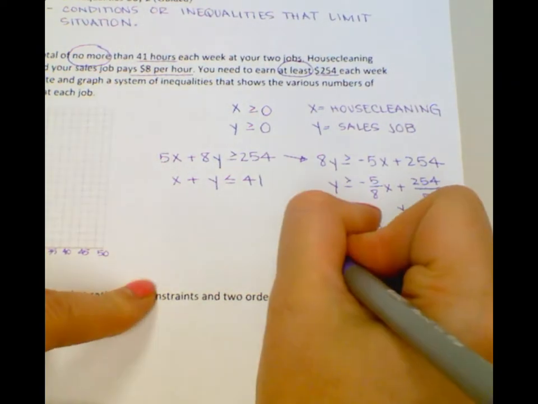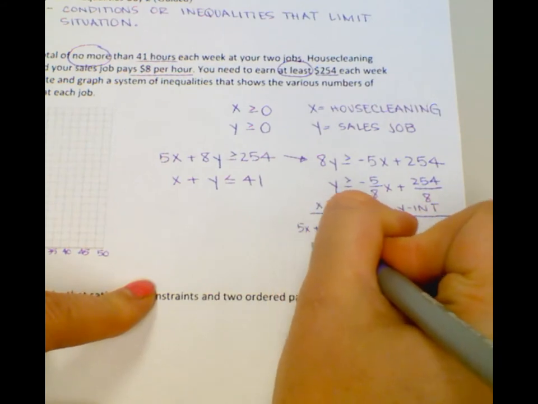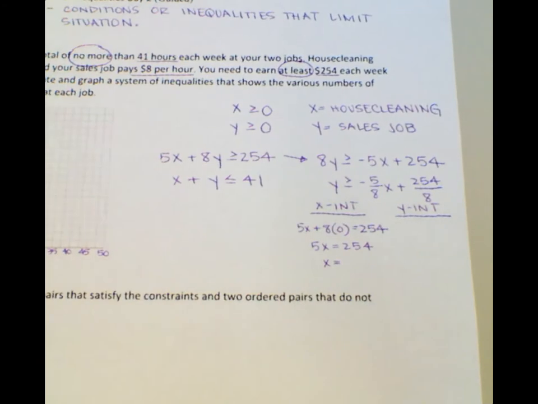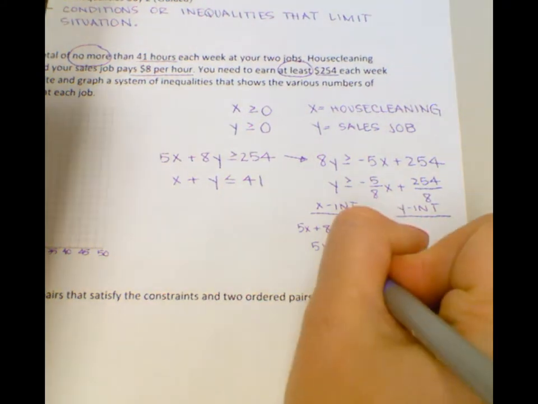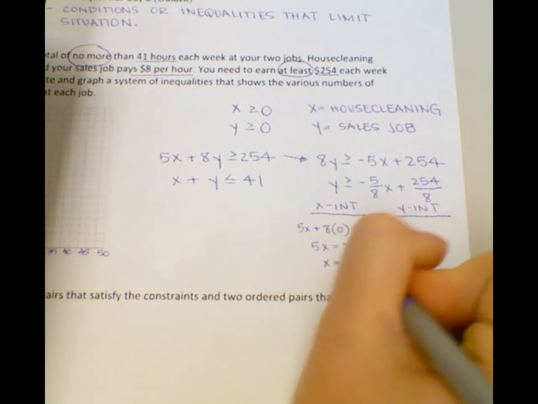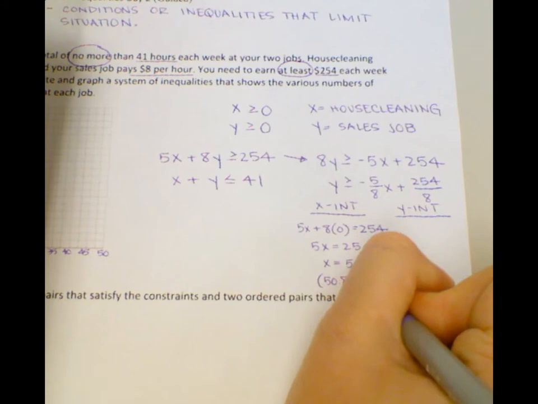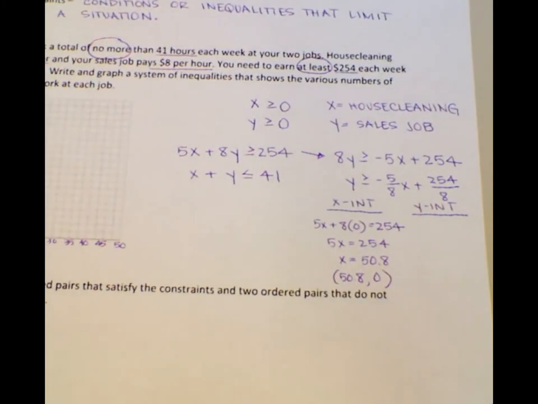So we have 5x equals 254. So x is going to equal 254 divided by 5, which is 50.8. So remember, x is 50.8, and you plugged in a 0 for y.